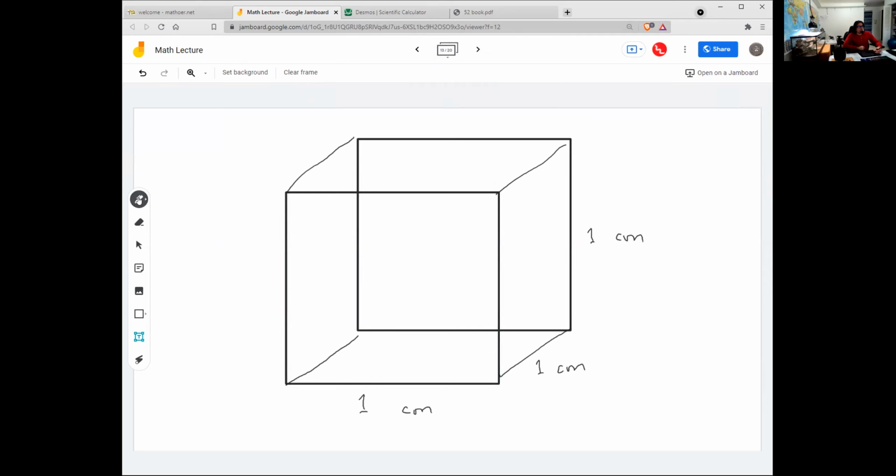Remember your decimal point, Scoots. 10, I see someone holding up fingers. So each of these I'm going to replace with 10 millimeters. So if I multiply, again, length times width times height, find the volume of this. 10 times 10 times 10 is going to be 1,000 cubic millimeters.